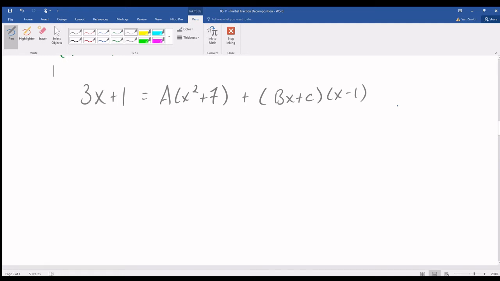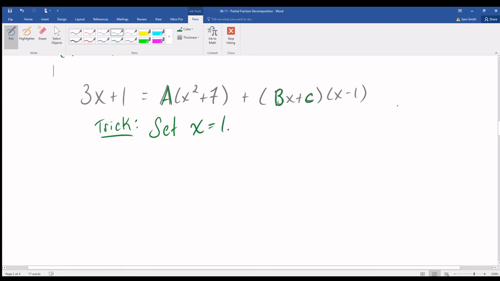Now we will do that in a moment. But we will also do a little trick. We will try to select a particular value of x that will eliminate all but one of these unknown letters here. Let us, for example, set x equals 1.